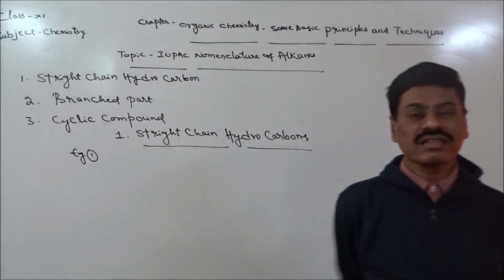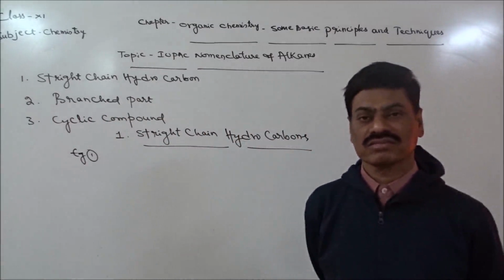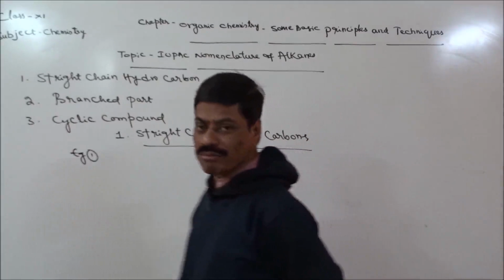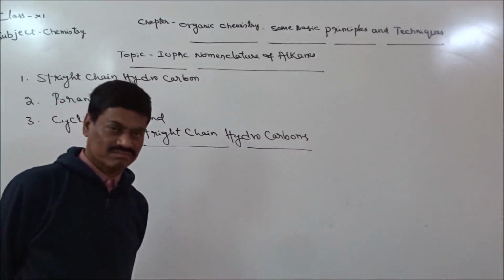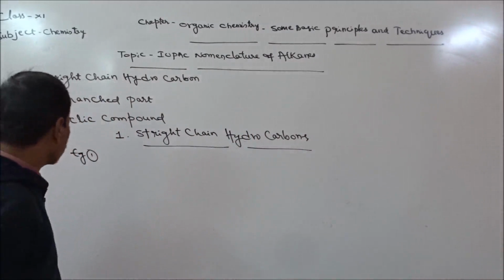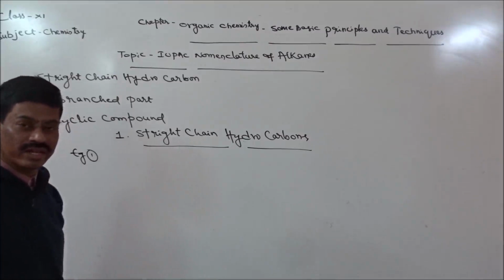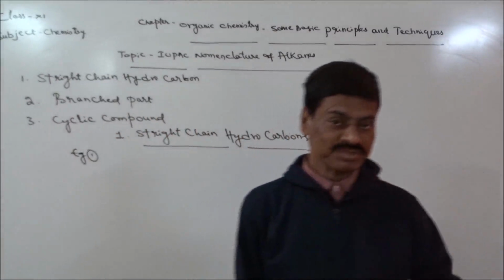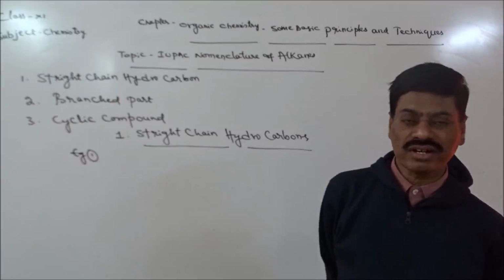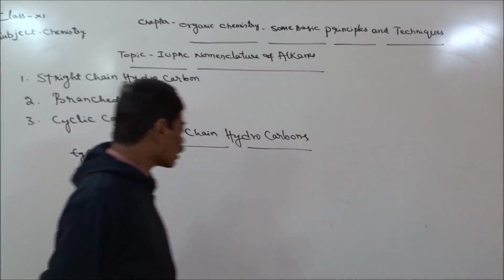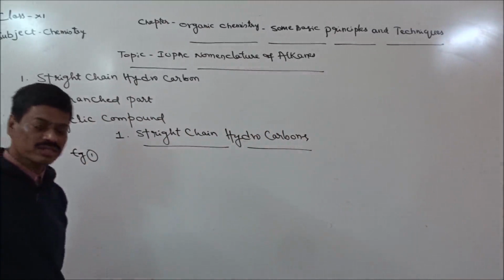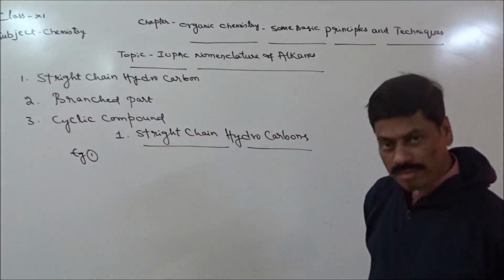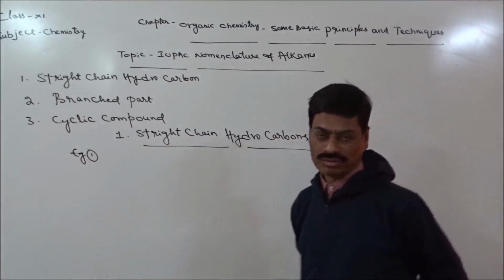The suffix -ane shows that the given compound, alkane, is saturated. Okay. Next, the fourth member is butane. In chemistry, B-U-T we have to read as but. English B-U-T is different. In chemistry, but means 4. So this is what we need to remember. Meth 1, eth 2, pro 3, but 4.